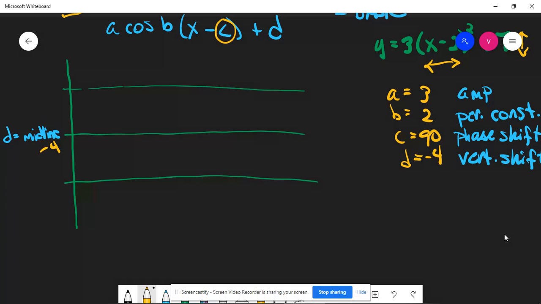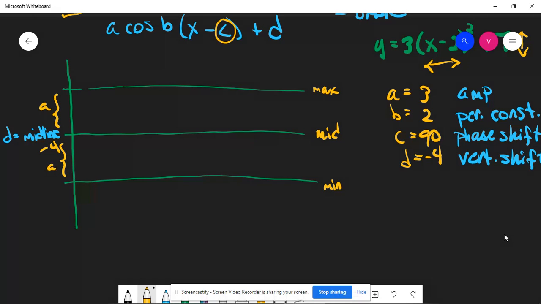Okay, next thing that I'm going to do is the amplitude. So the amplitude is half the distance of the entire wave between the max, this is the max line, this is the min line, this is the middle. So A is half from the middle or half going down below here.